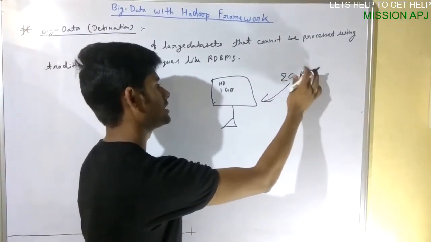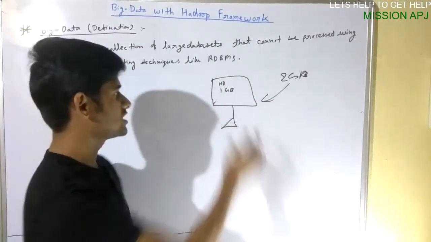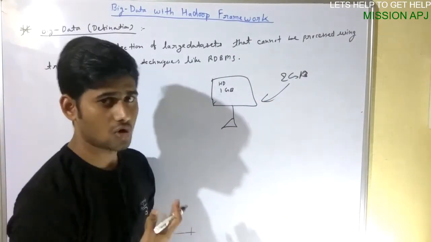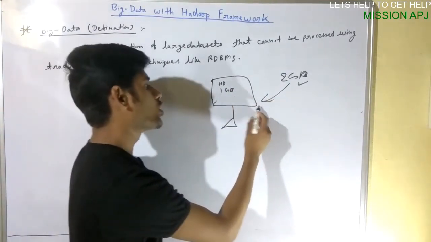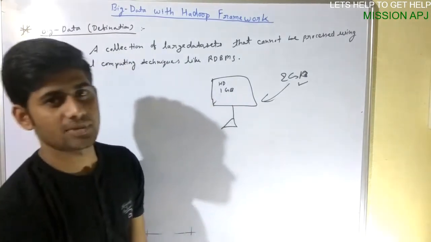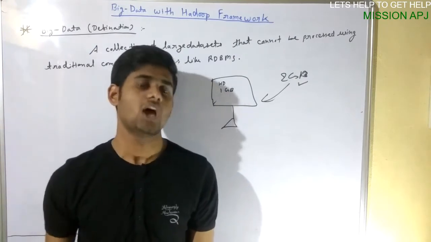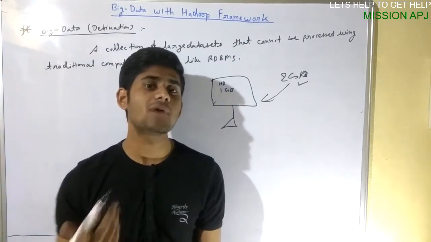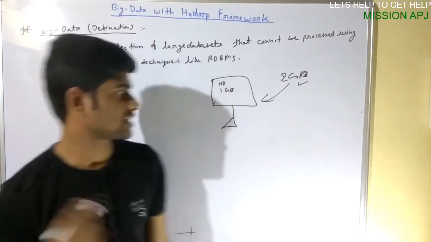Can you store this 2 GB of data in this machine and process it? No. So this 2 GB data is also big data for this machine with a 1 GB hard disk. So big data does not always mean trillions of data, but it depends on whether you are able to process it on your machine or not.